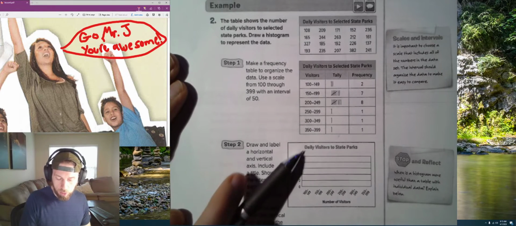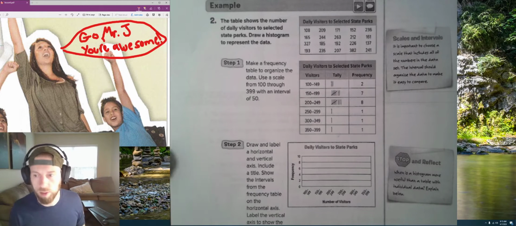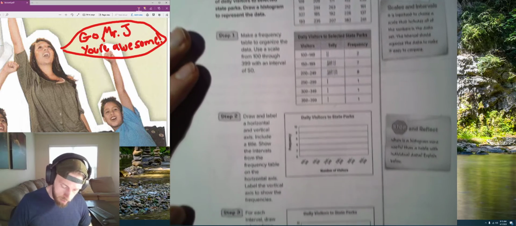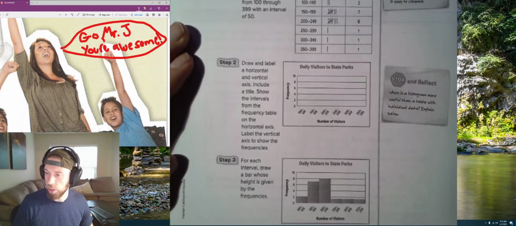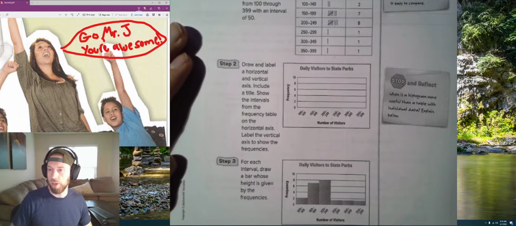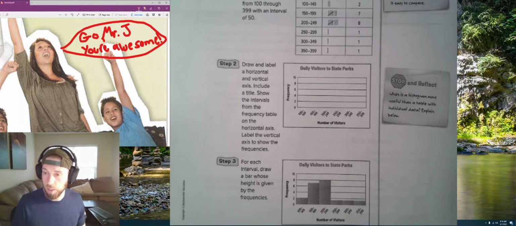And again, they went by twos here. You could go by ones. You can do this however you want to, as long as the data looks good. And then at the bottom, they have it finished where they actually filled it in. 2 parks here, 7 here, 8 here, and then 1 park here, 1 park here, 1 park here. And the histogram is done. And that's how you guys build a histogram.